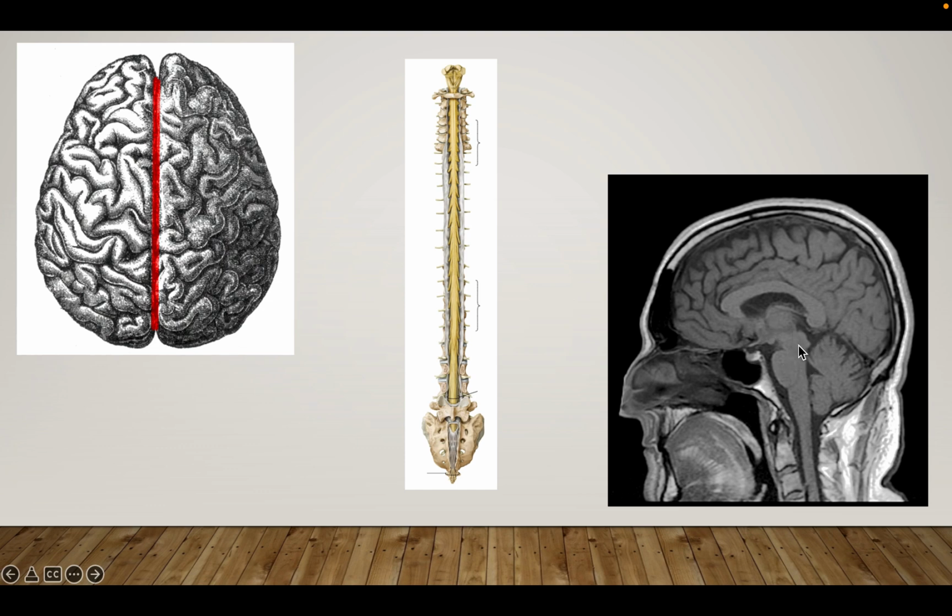And here you can see the very cephalic portion or cranial portion of the spinal cord here. This is the brain stem, and the brain stem continues inferiorly through the foramen magnum to become the spinal cord going out. But again, spinal cord is still part of the central nervous system.